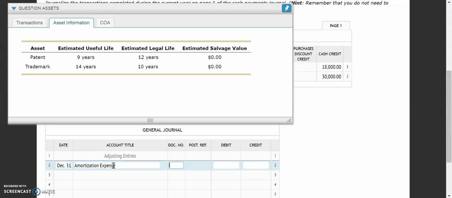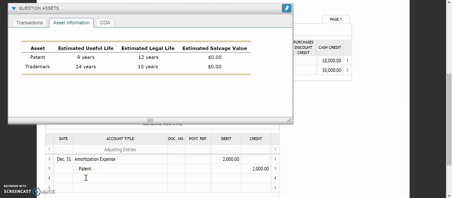Remember, you do not need a document number because adjusting entry serves as our document number, and that's going to be debited for 2,000. And then we credit directly into our patent account, just because there is no accumulated amortization. It just goes directly into the patent.